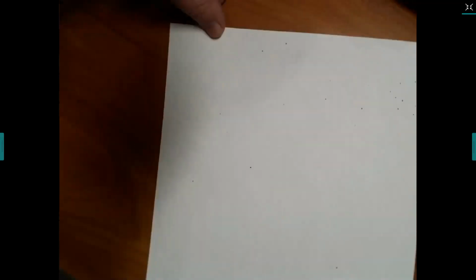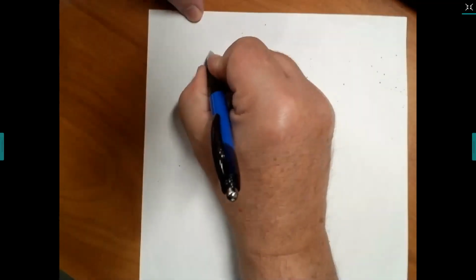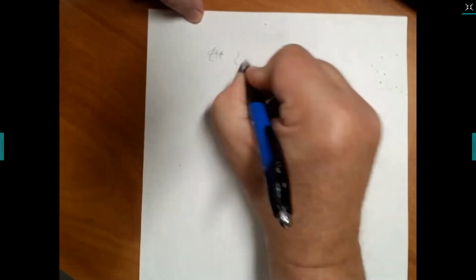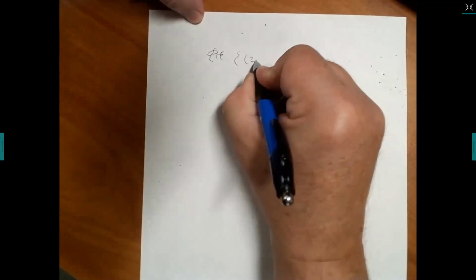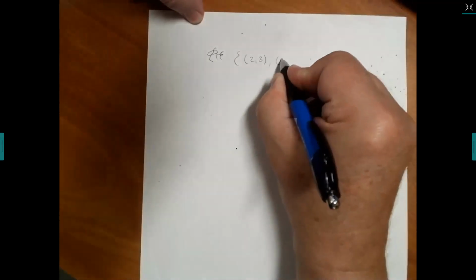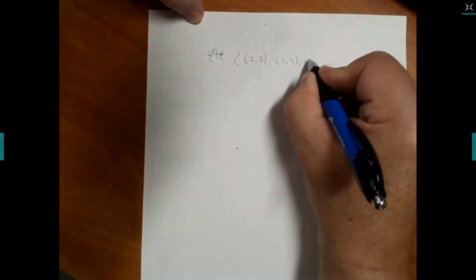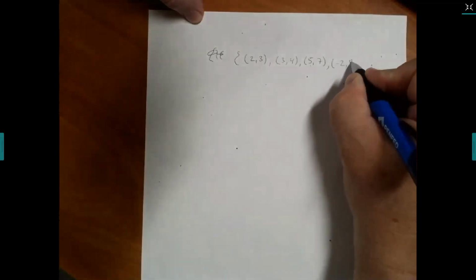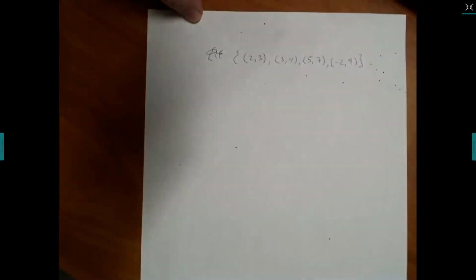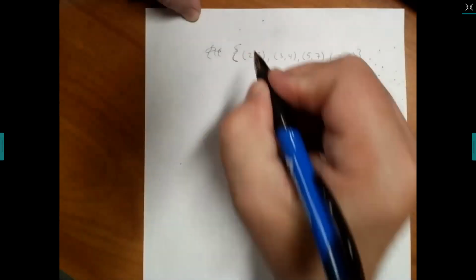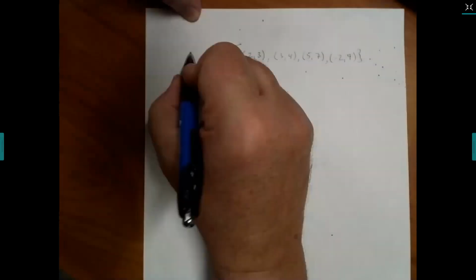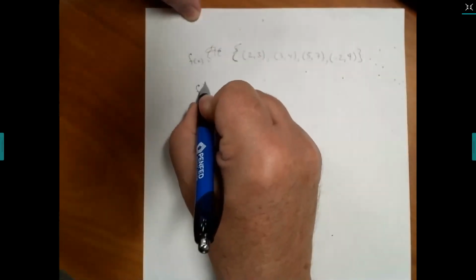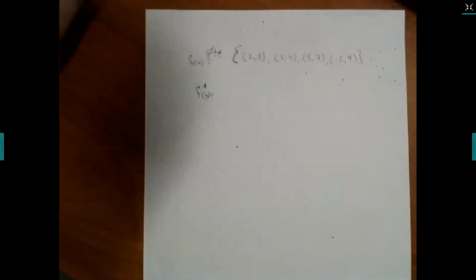Okay, let's say I gave you a data set. Let's say my data set consisted of the points 2, 3, 3, 4, 5, 7, -2, 9. Here's my data set. I'm terrible at the squiggly lines. If this is my function f, what is the inverse of f of x?